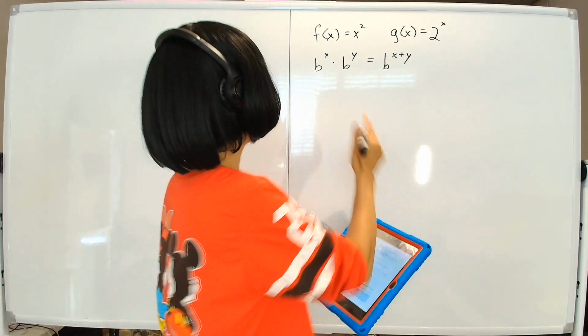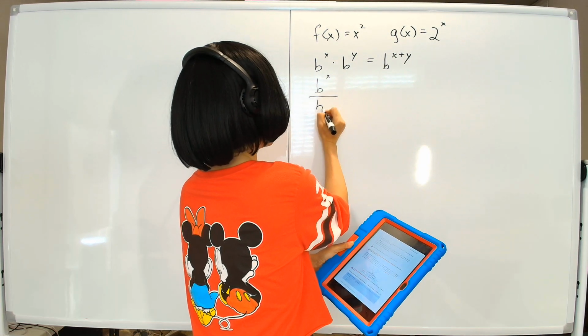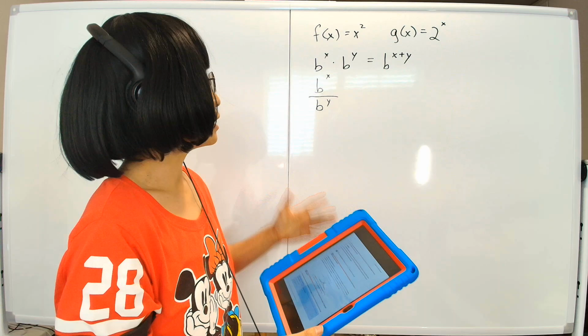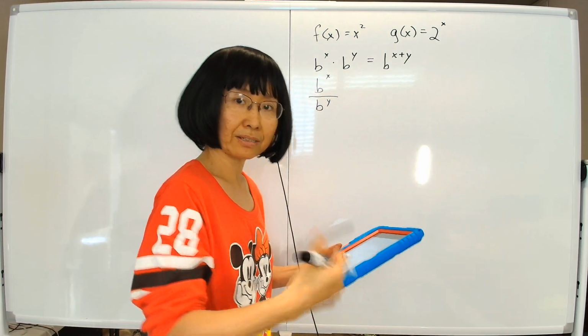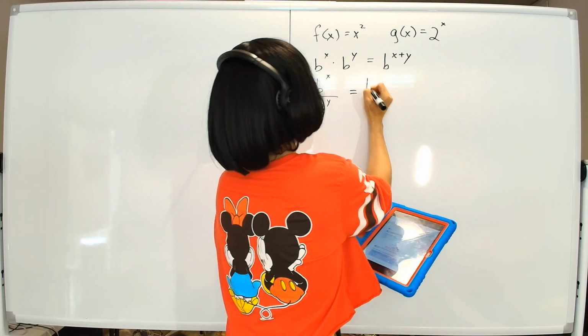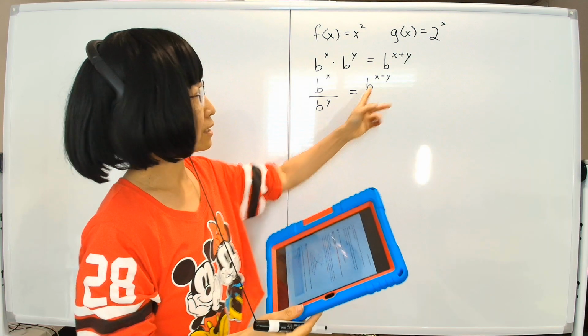And similarly in division, b to the x divided by b to the y. By the way, b is a number, a constant, whereas x and y are variables. That's just tradition in math. So when you do division, it translates into subtraction.